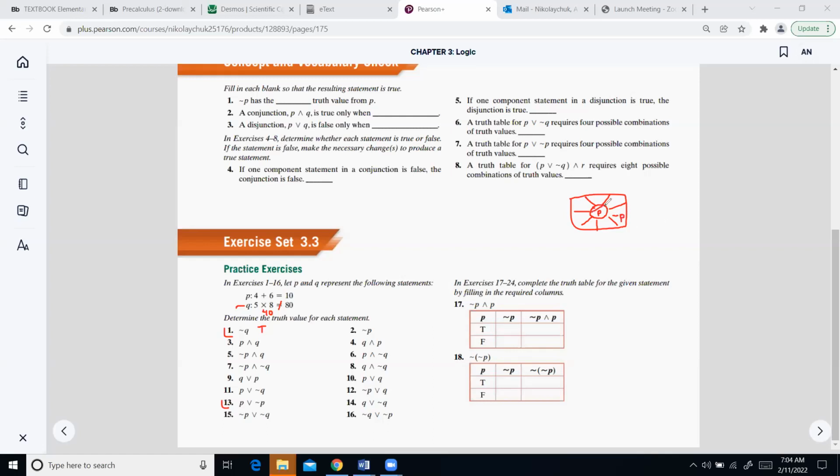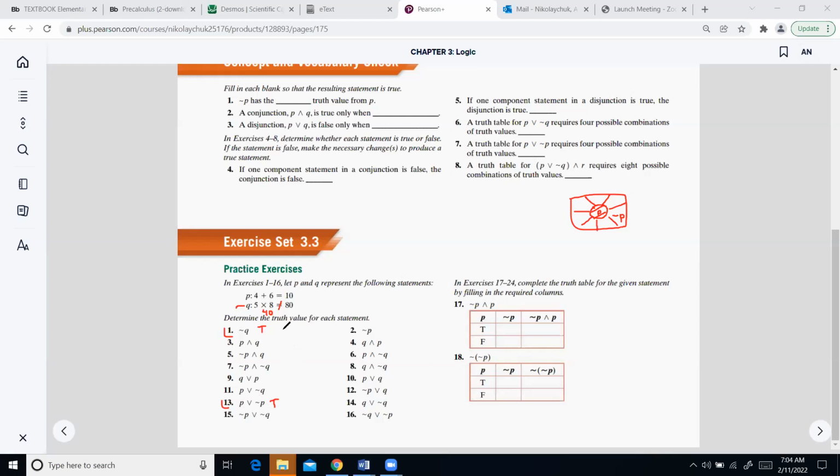Union means you take everything. Would that work? The answer is yes, it's going to be true for all possibilities, because when you take the union of two opposite statements, it means you just cover the entire universe for this case.